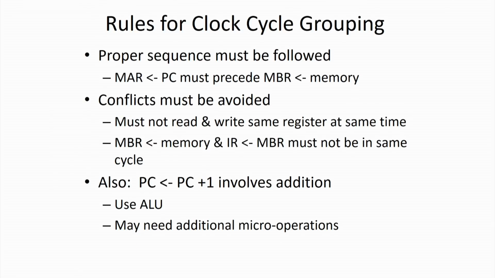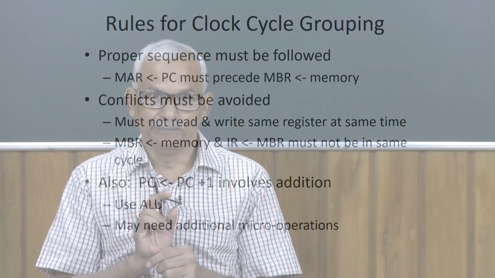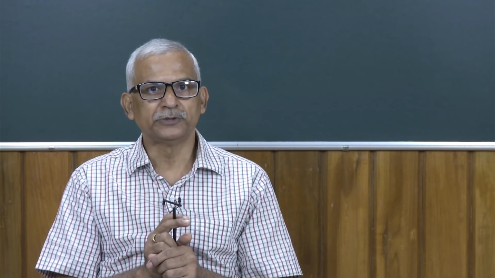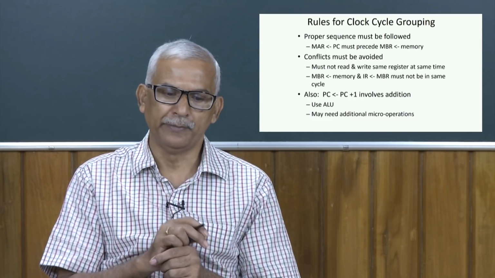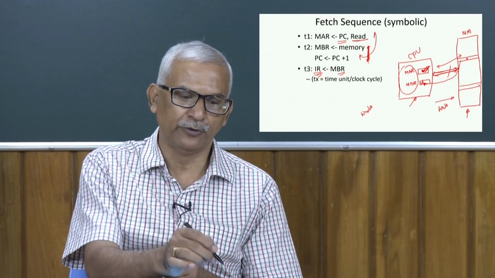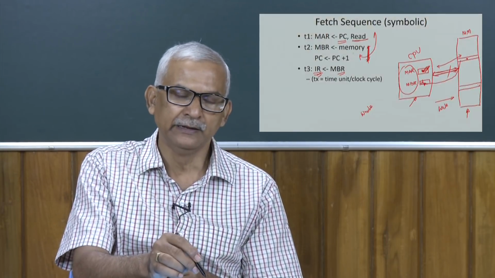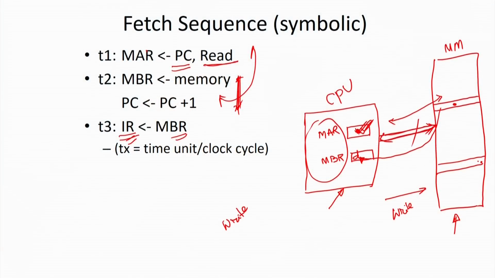We have to decide what signals can be grouped together, and we call this clock grouping. The first thing is that we have to maintain the proper sequence. PC to MAR always precedes memory to MBR. Basically, only after knowing the address can I get the information from memory to MBR.